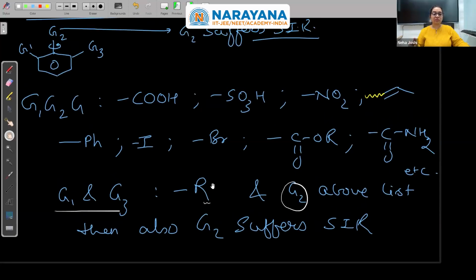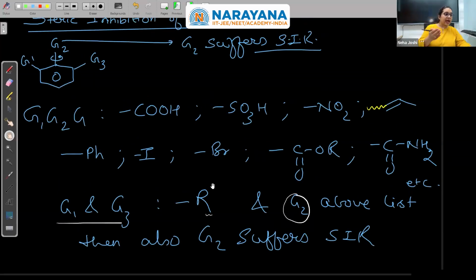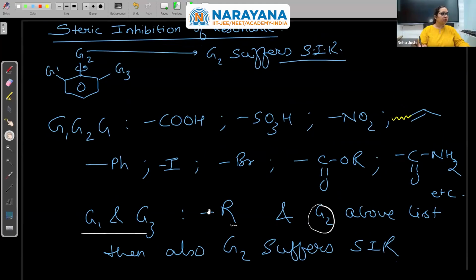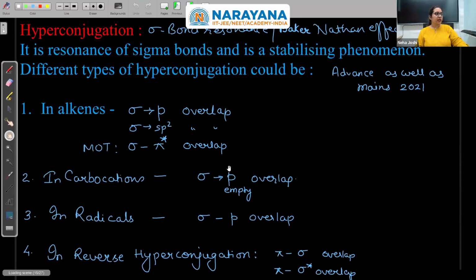For inhibition of the resonance, there has to be resonance first. You got my point? So I have to place this R outside this list. Is it fine? Right? Moving to next, hyperconjugation.